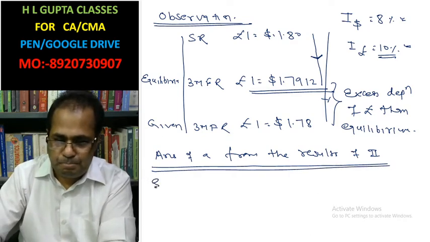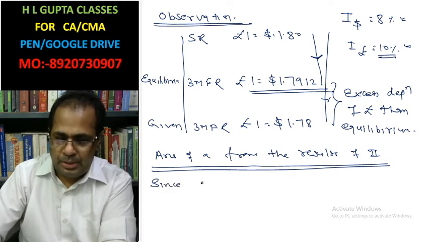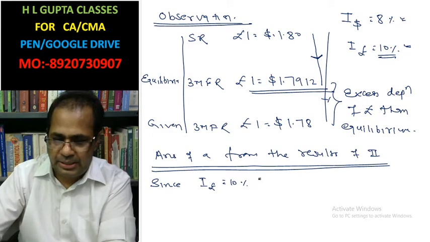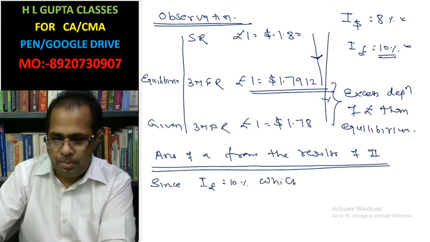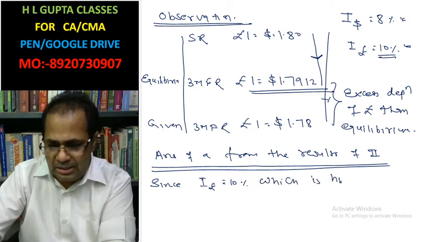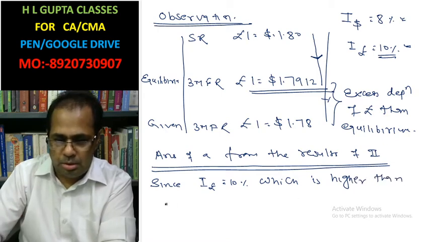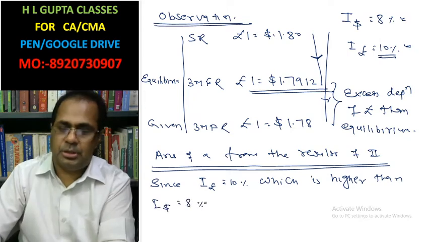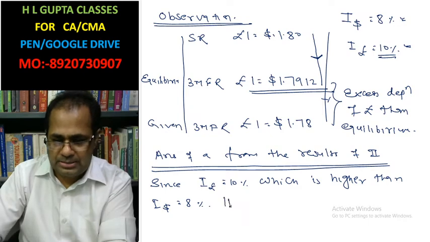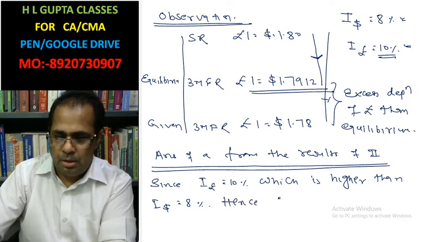Since the interest rate of the pound equals 10%, which is higher than the interest rate of the dollar, 8%, hence the pound will depreciate.